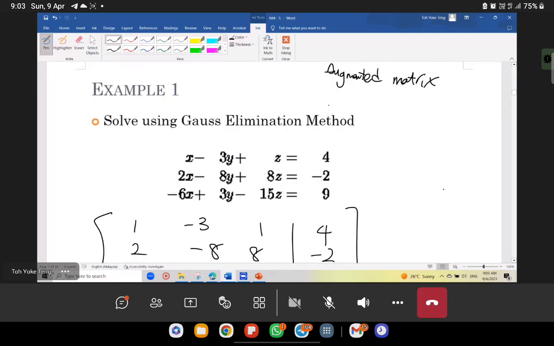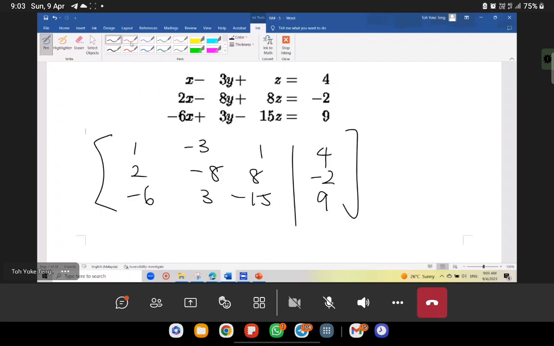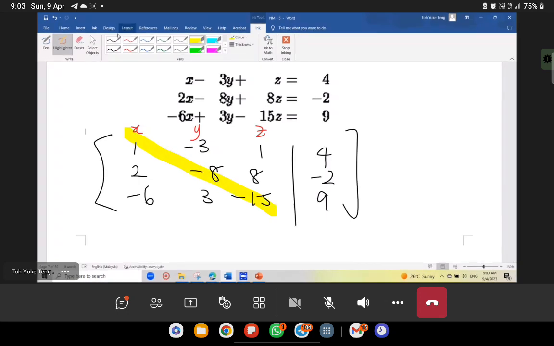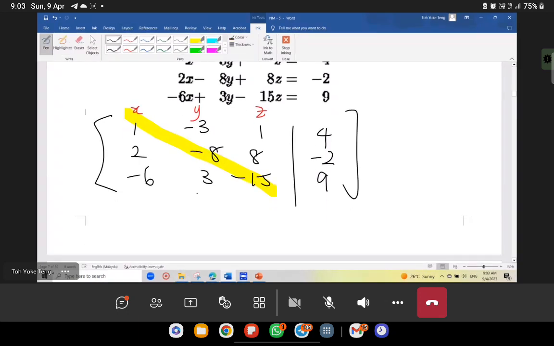Remember that for the augmented matrix, you just write A and then B here. So from here, you know that this one stands for X, Y, Z. So just write down the coefficients here, and same here, if there is a negative sign, just bring down the negative sign. So this one is the main diagonal.